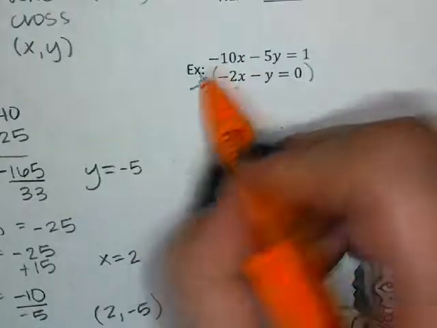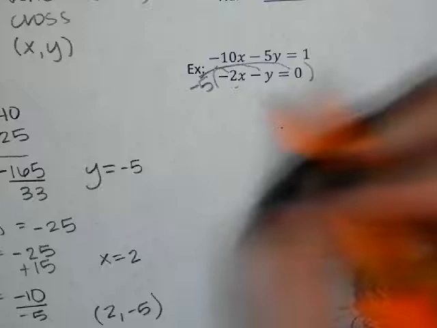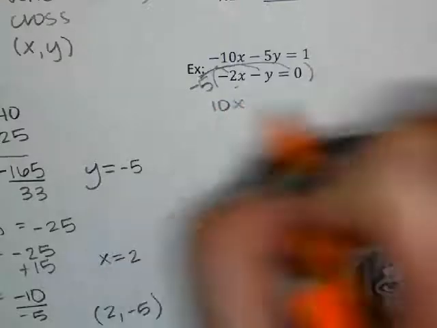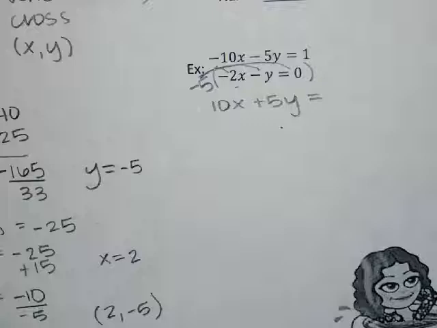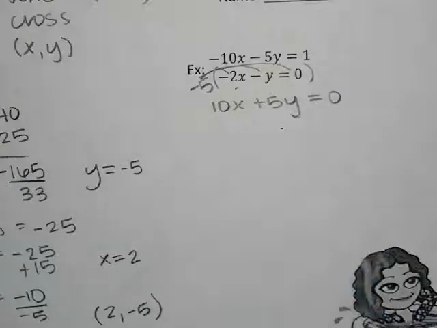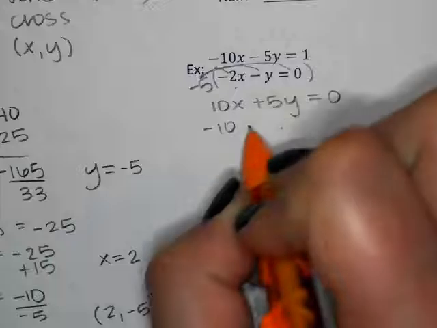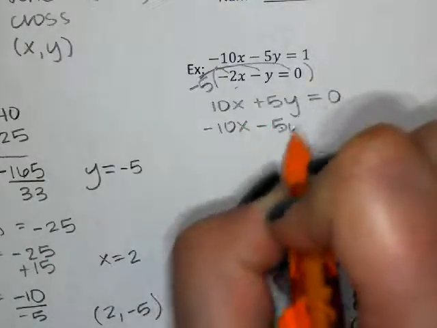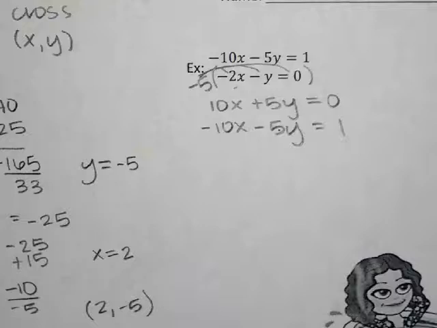So positive 10x, positive 5y, negative 5 times 0? 0? Okay. So there's my bottom line, and then I'm going to take the top line. I'm just going to copy it down. It is going to be weird. And then I'm going to draw a line underneath and put a plus.